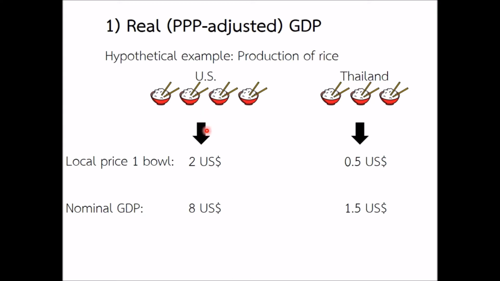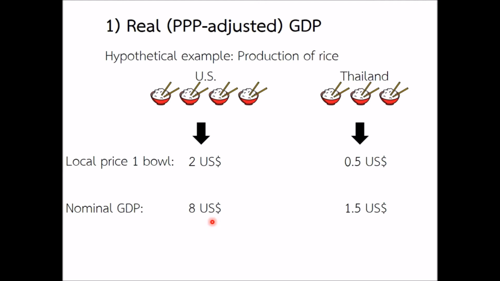Actually, the United States in this example only produces one more bowl of rice compared to Thailand. But the nominal GDP would be more than 4 times larger, which is simply because different prices, local prices, were used when calculating the nominal GDP.